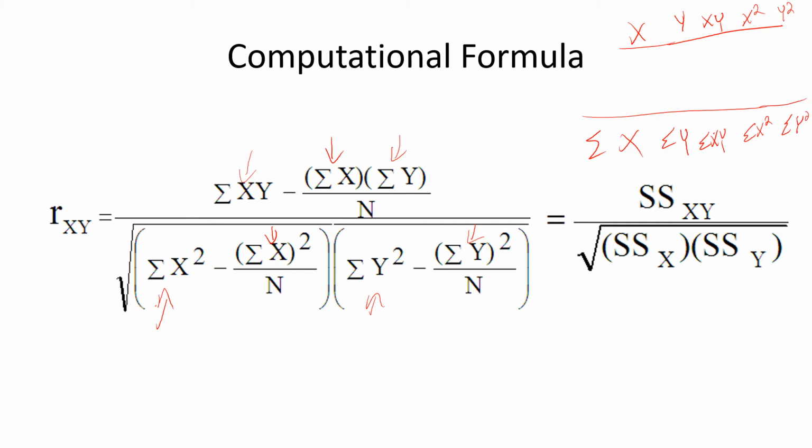And there you've got everything you need to do correlation once you've done that. So if you're given just x and y scores here, you can do all of the steps to get your correlation value, your R value, just by doing the steps that you've been doing already this semester.